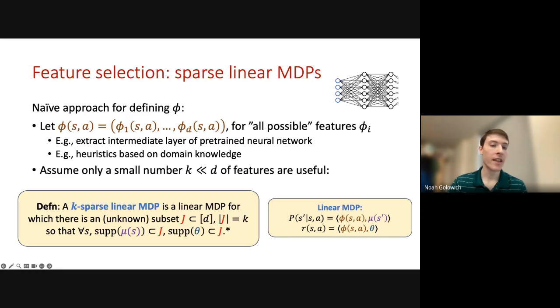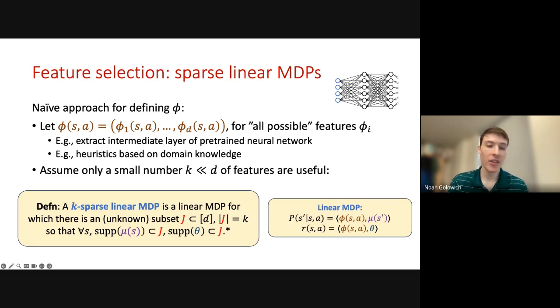The constraint that the feature vector mu(s') be supported on the subset J means that the only features in the feature vector phi(s, a) which matter in determining the transition are those supported on the set J. And similarly, for the reward vector, the only features which matter are those indexed by the set J.